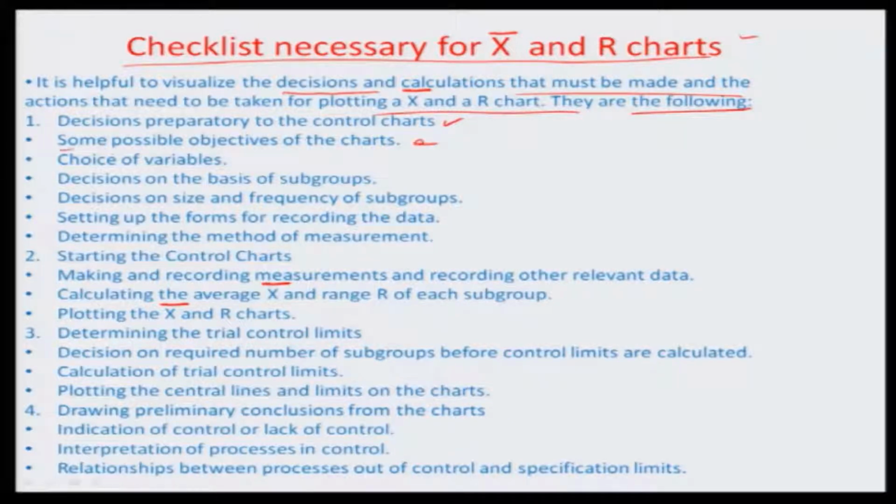For example, you are monitoring the slot width of a milled product, basically doing a face milling operation and then a slot milling operation, trying to create a slot within that product. One of the recordings that could be made in such a control chart is to see whether the particular dimension that has to be slotted is being maintained.